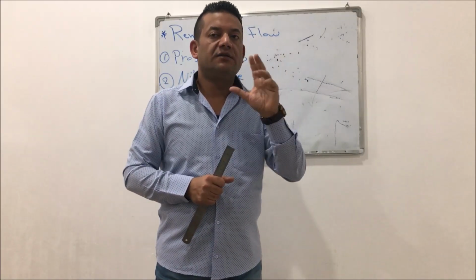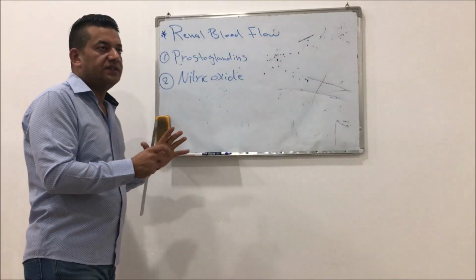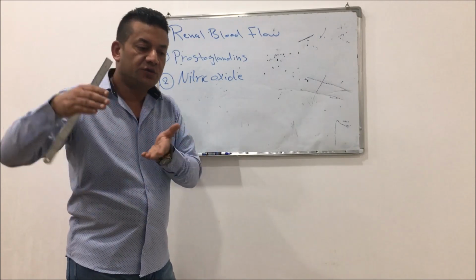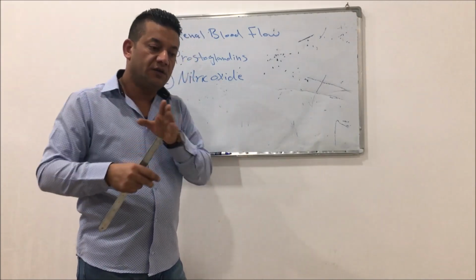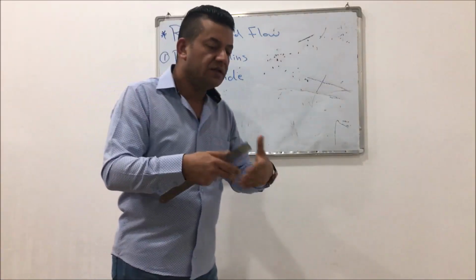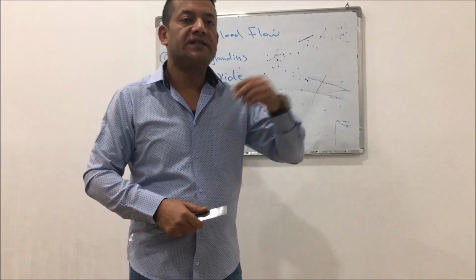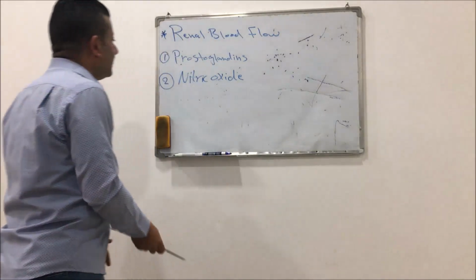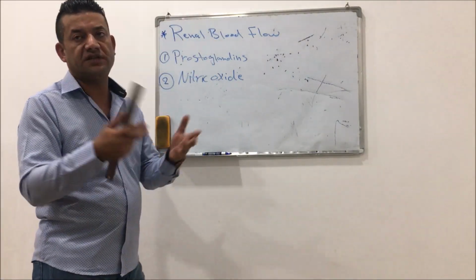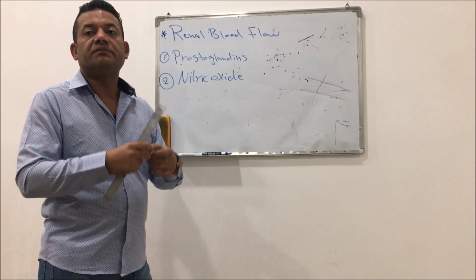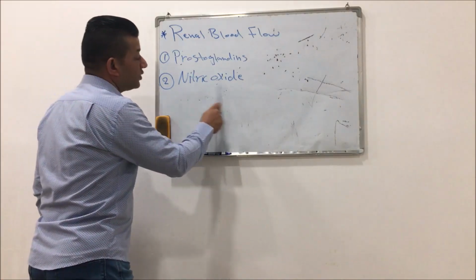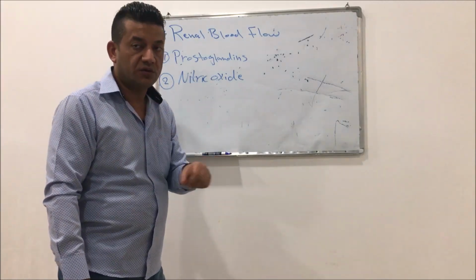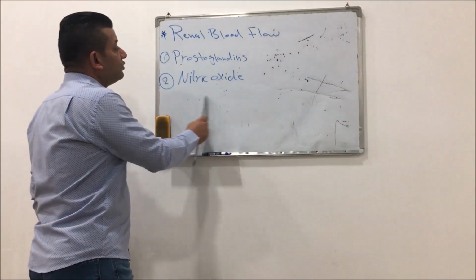Why is that? Because the afferent arteriole needs to be always dilated in order to permit normal glomerular flow, to permit and allow a persistently normal glomerular filtration rate. So in any case, for example in some diseases or with the use of some drugs that affect nitric oxide formation by the endothelium of afferent arterioles or other arterioles, what will this lead to?